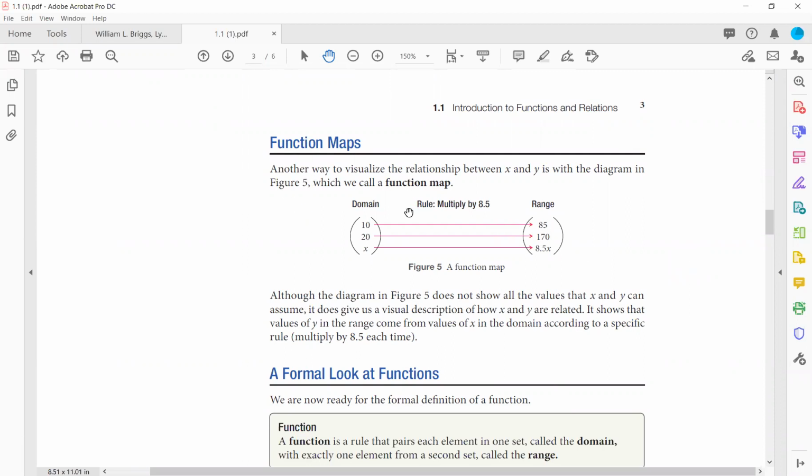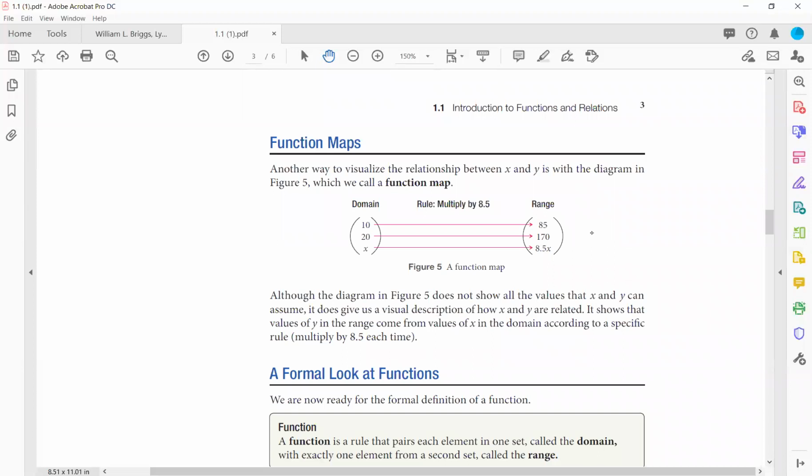So when you have a function, you can say that that function maps x values, input values, to output values. So 10 is mapped to 85 by your function 8.5 times x. 20 is mapped to 170 through function 8.5 times x.